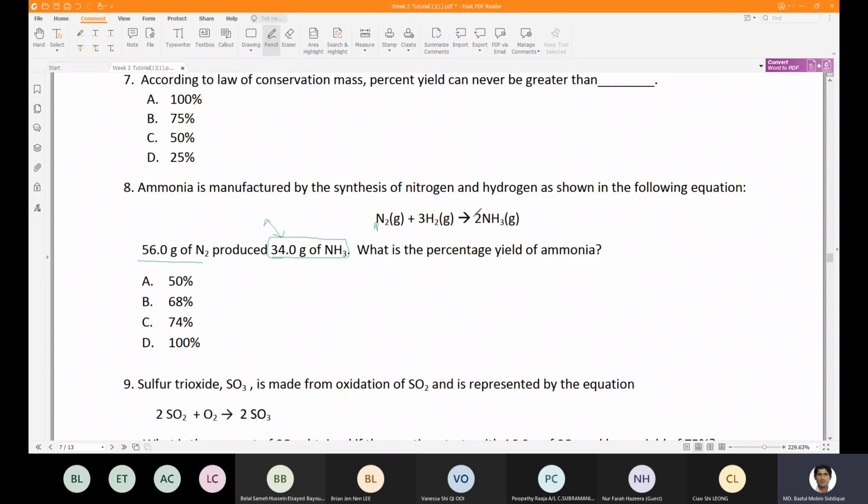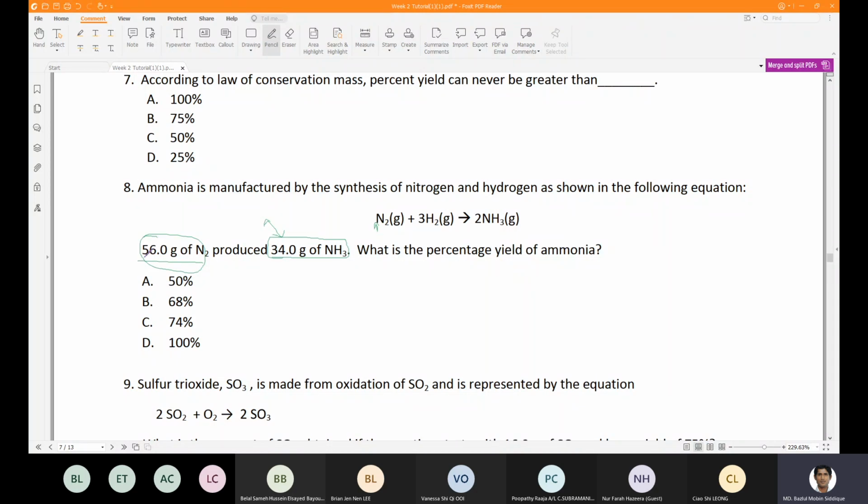So how do you calculate how much ammonia you can get out of this 56 gram of nitrogen? 56 gram of nitrogen means how many moles? We divide by the molecular weight of nitrogen. Nitrogen is 14, so N2 is 28.